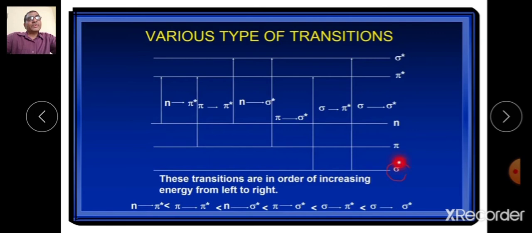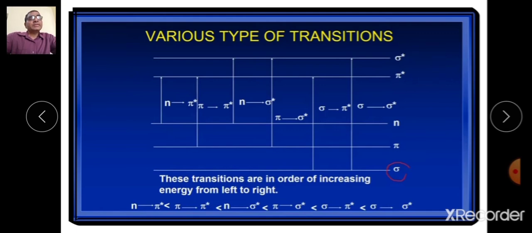The first one is sigma, then pi orbital level, then non-bonded electrons present in this orbital. Then these are the anti-bonding levels, that is pi anti-bonding, and the last is sigma anti-bonding.